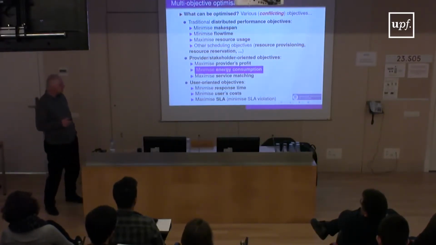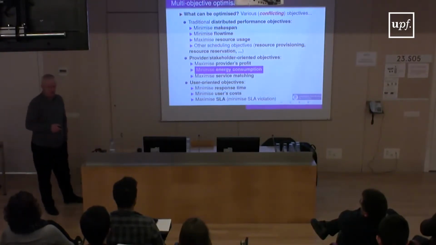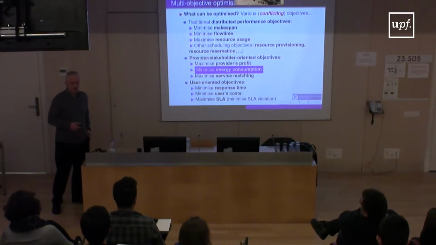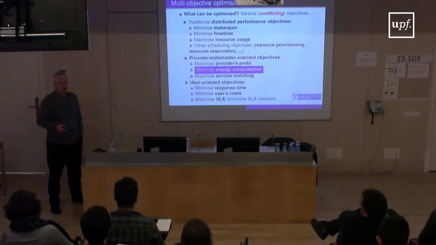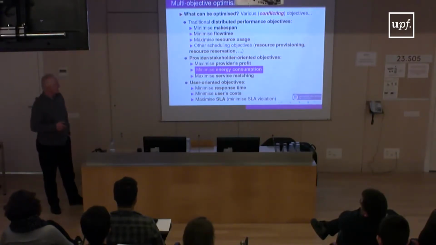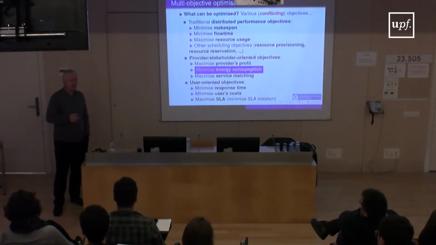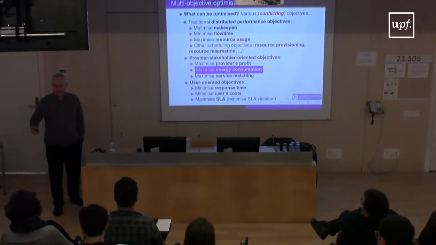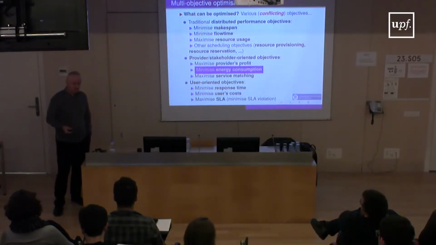This array of things that can be optimized goes from traditional distributed performance objectives, which people that have worked for decades on distributed computing are familiar with. Like you minimize the makespan, which is the latest finishing time of tasks. So assume that you have n tasks and you take the finishing time of the latest task, and you want to minimize that, right?